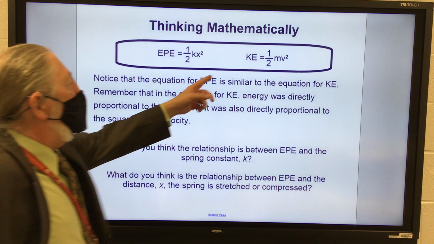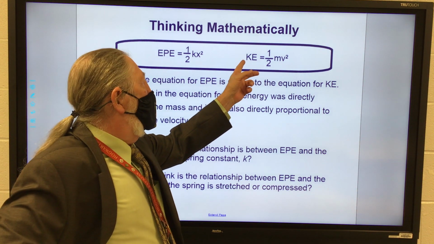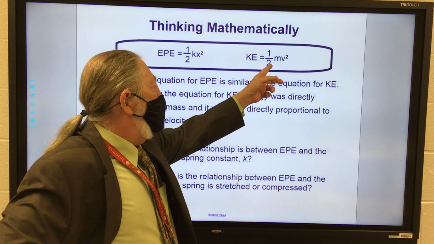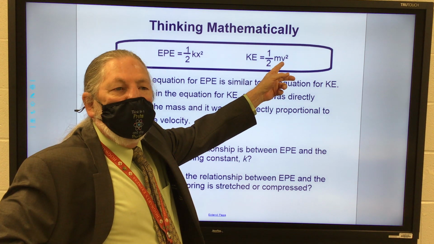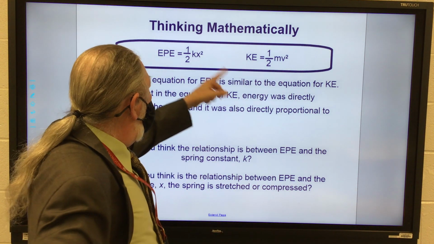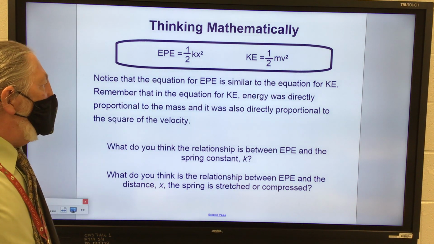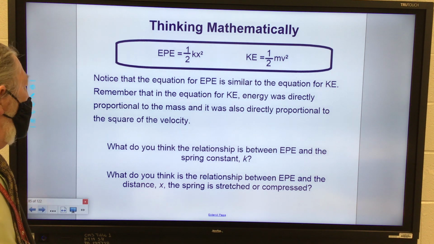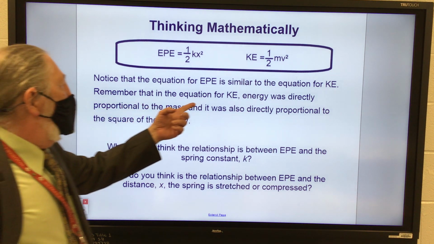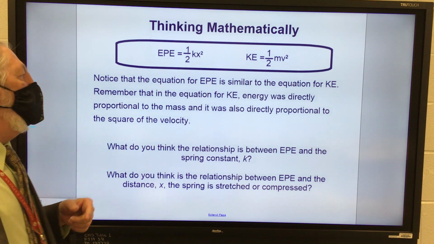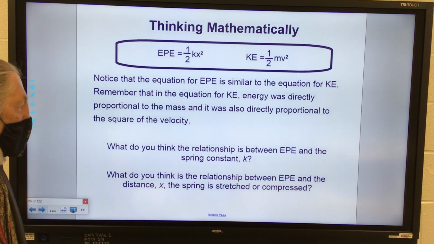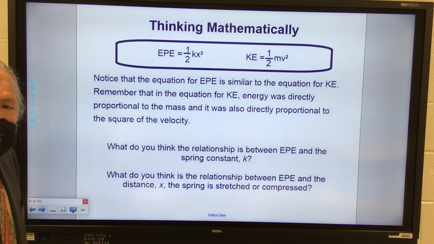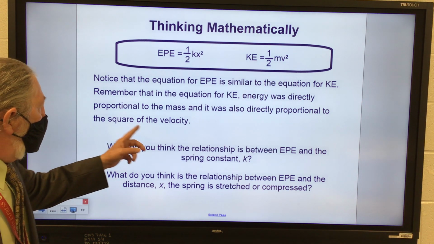And over here, the very first thing we did: kinetic energy, or KE, equals 1/2 times mass times velocity squared, right? The equation for EPE is very similar to the equation for kinetic energy. Remember that in the kinetic energy equation, energy was directly proportional to the mass, and directly proportional to the square of the velocity.